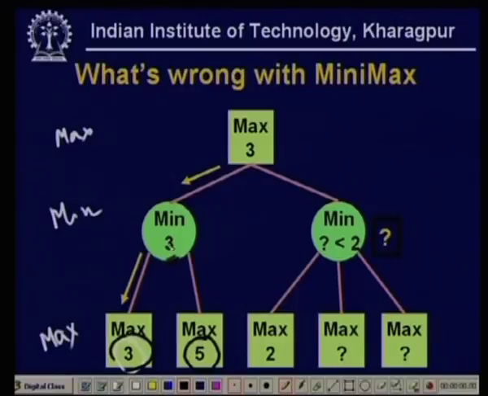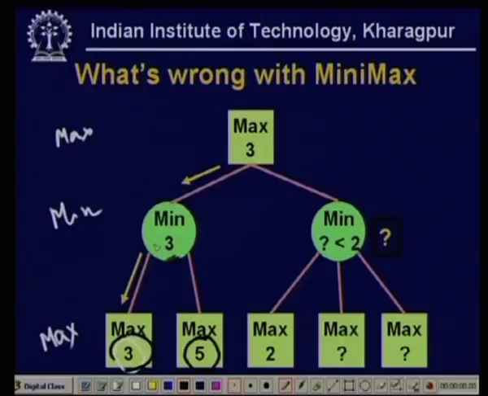Now, when the minimax value of this min node is equal to 3, since this is a maximizing node, the value of this node must be greater than or equal to 3. The min of this node is exactly equal to 3. So, the value of this max node must be at least 3, because max is a maximizing node.